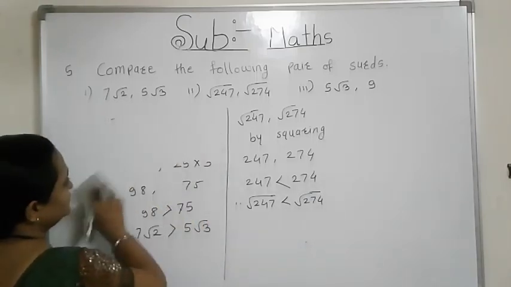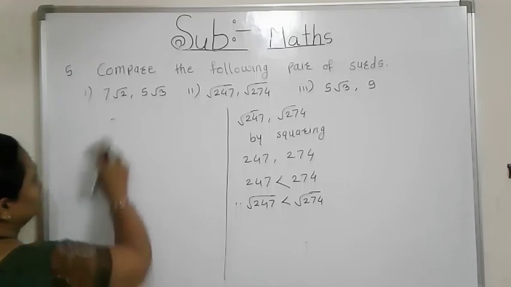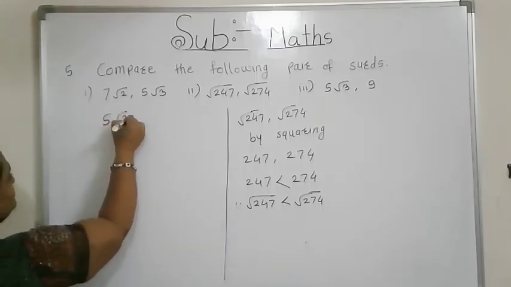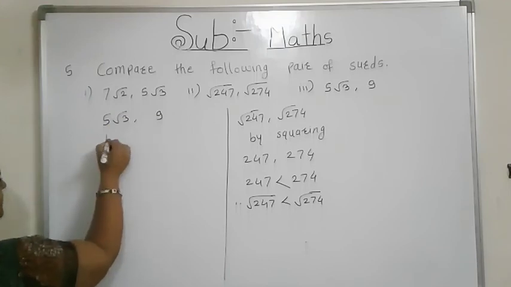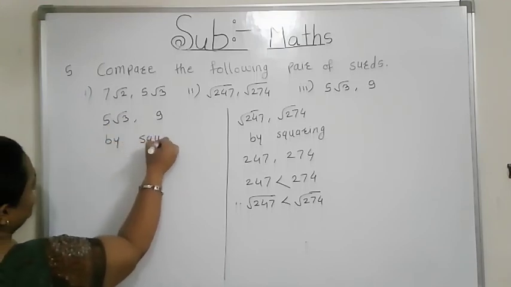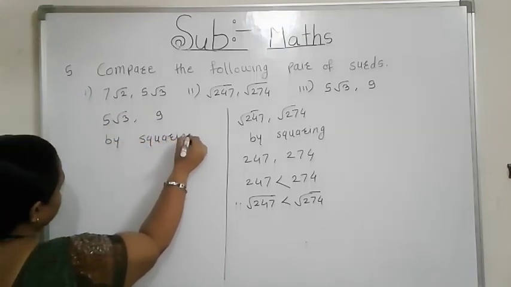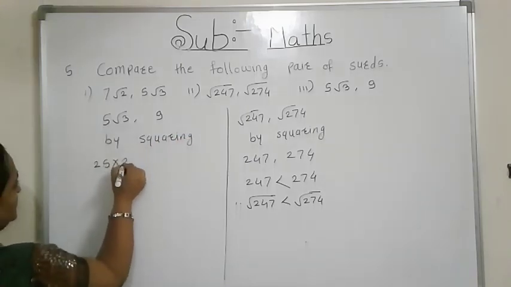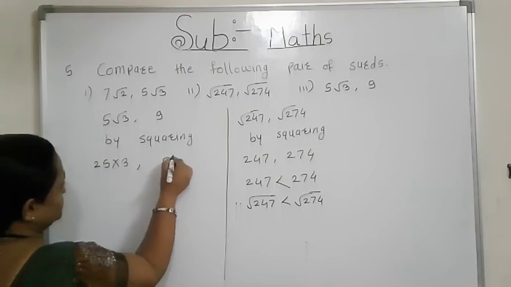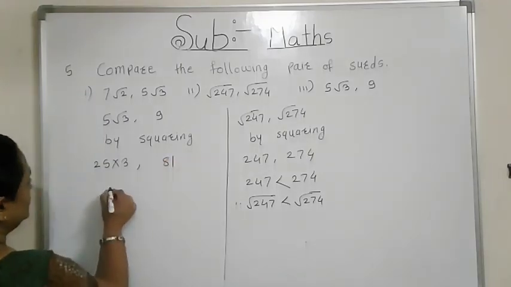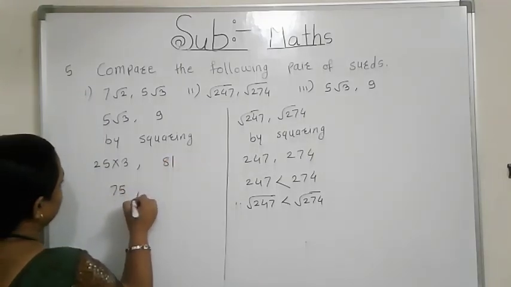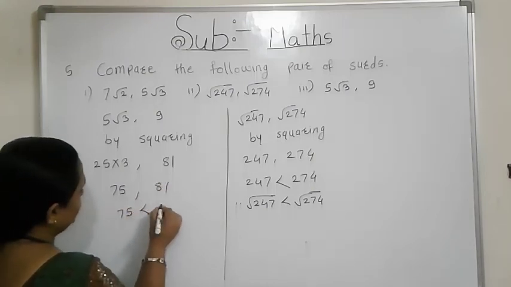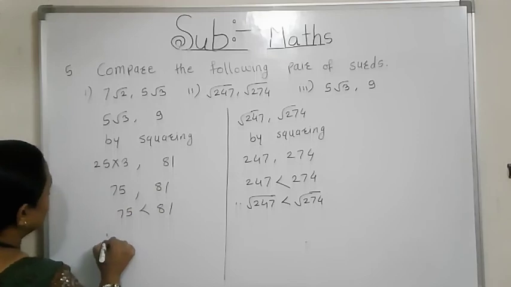Now we will see the third example, 5 root 3 and 9. Again by squaring: 5 square is 25, root 3 square is 3, and 9 square is 81. 25 into 3 is 75, and 81. 75 is less than 81.